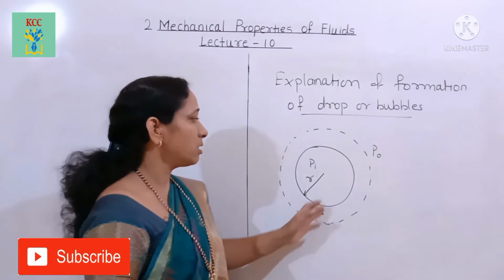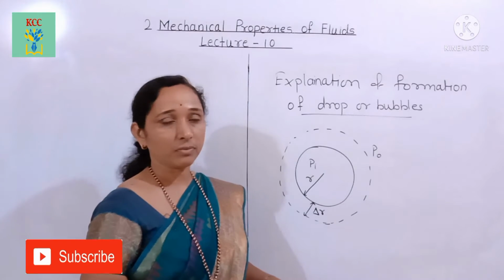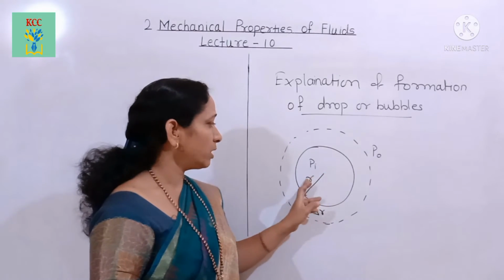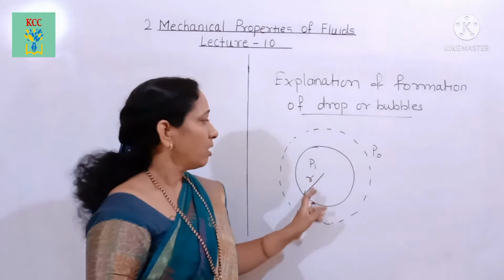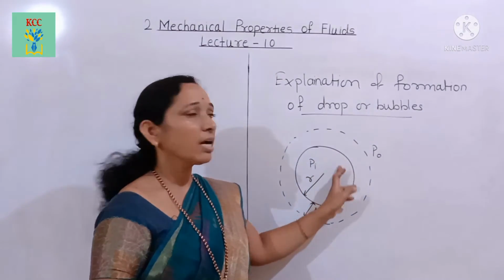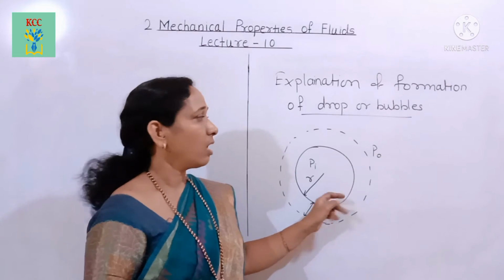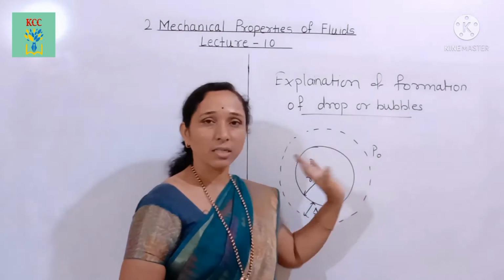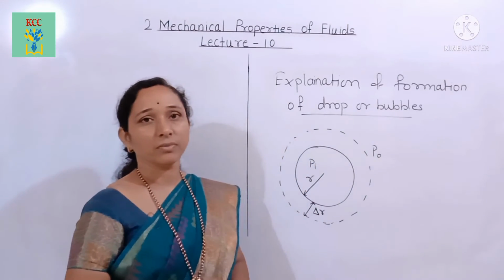Now suppose this is the spherical drop. Consider this drop with a radius r, and Pi is the pressure inside the liquid drop and P naught is the pressure outside the liquid drop.